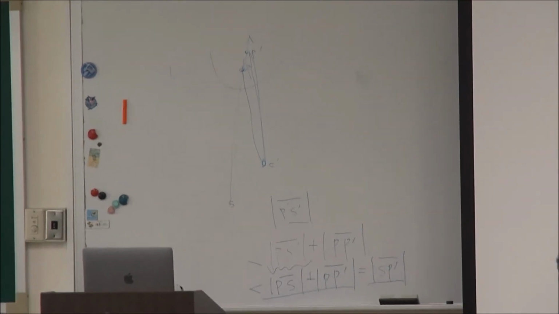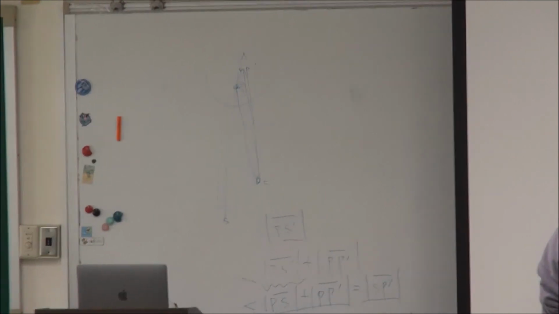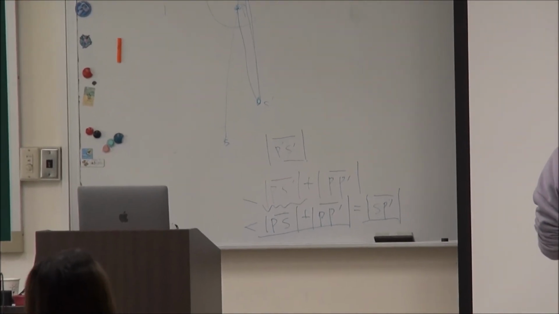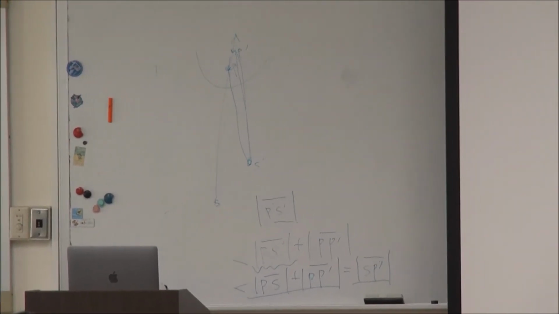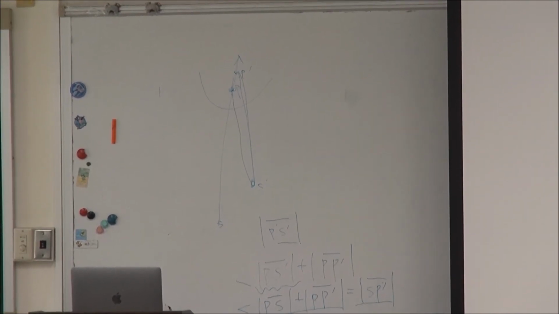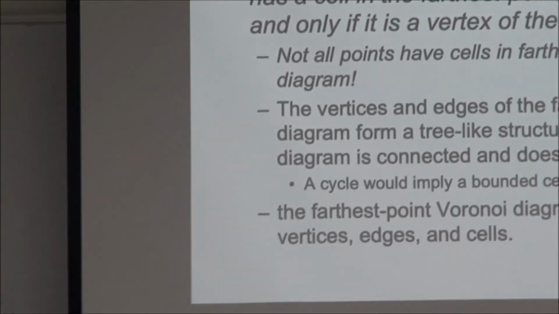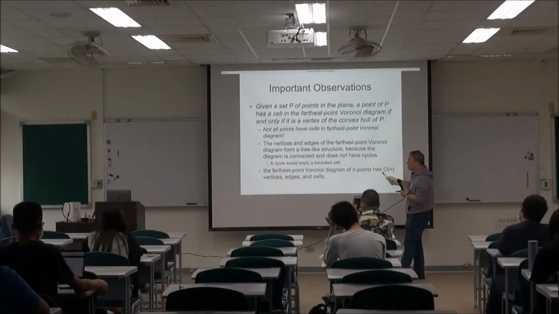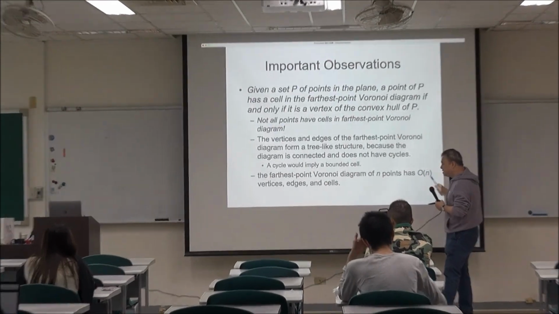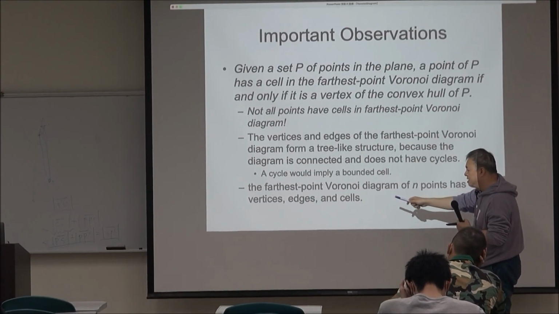Sorry, it takes more time. So it cannot have a cycle because a cycle will be a bounded cell, as I have drawn it. So the farthest Voronoi diagram of n points has a linear number of vertices, edges, and cells.